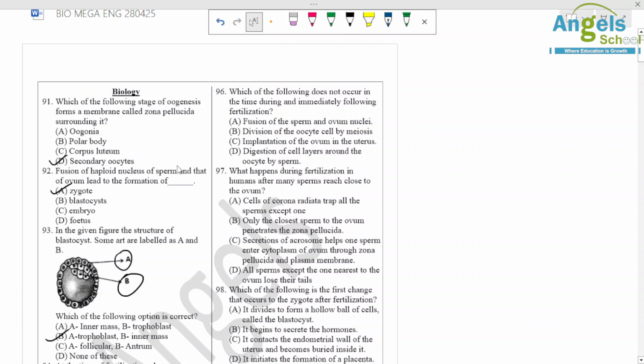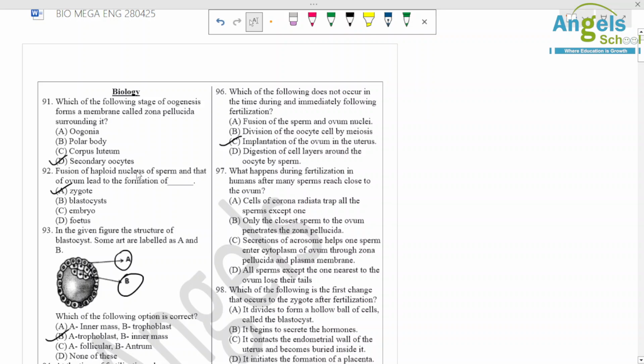Division of oocyte cell by meiosis: the secondary oocyte completes its meiosis 2, so this also happens during fertilization. Implantation of ovum in uterus does not happen immediately after fertilization. Okay, so C is the correct option.